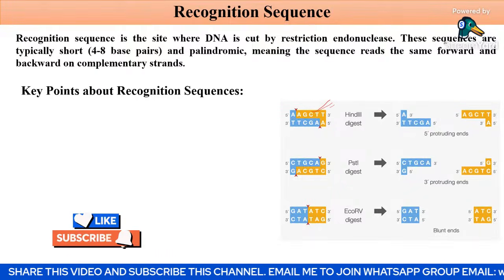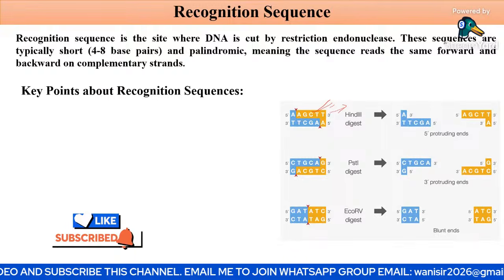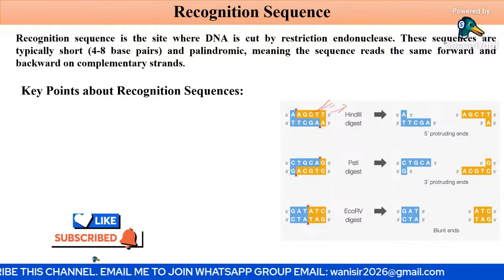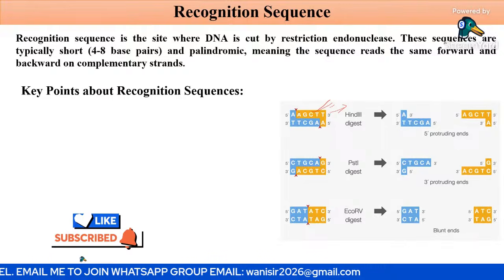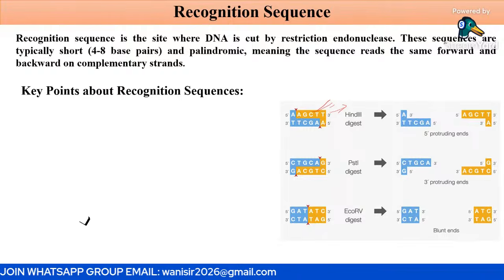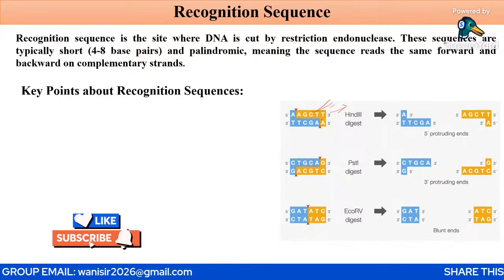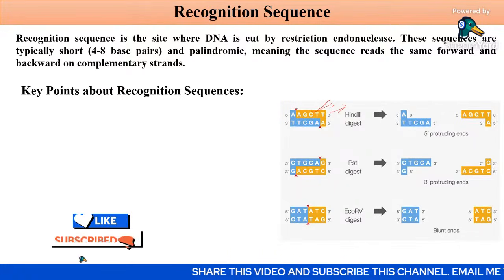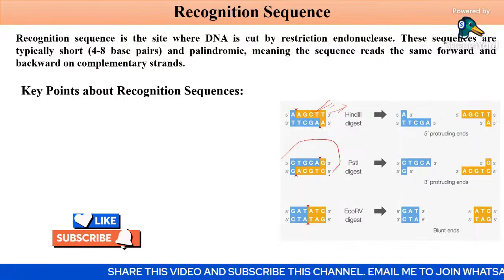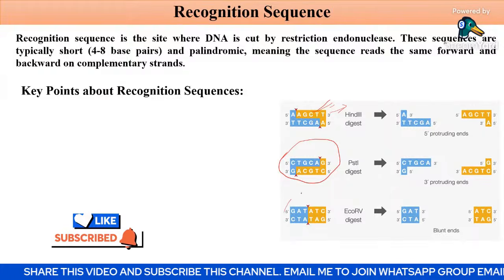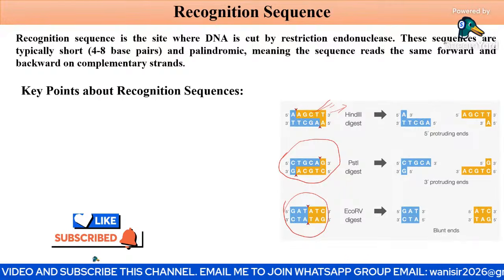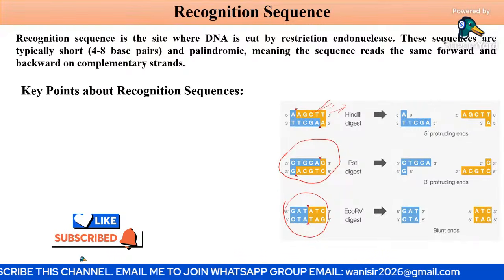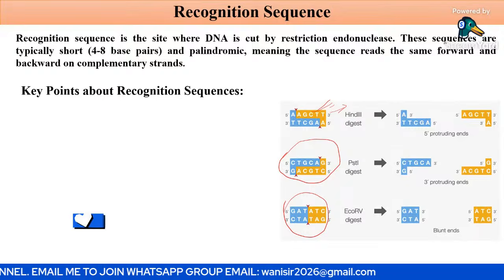Now, this is the forward strand, and its complementary strand is 3 prime to 5 prime, and this is the 5 prime to 3 prime strand. It can be read in the backward way like AAGCTT. So this means this is a palindromic sequence. In the same way, there is another sequence that is also a palindromic sequence. So this palindromic nature is the nature of these recognition sequences.